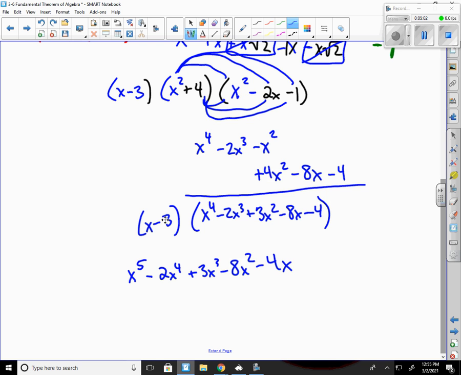Then multiply everything by negative 3. That's negative 3x to the 4th. Negative 3 times negative 2 is a positive 6x to the 3rd. Negative 3 times negative 8x gives me plus 24.